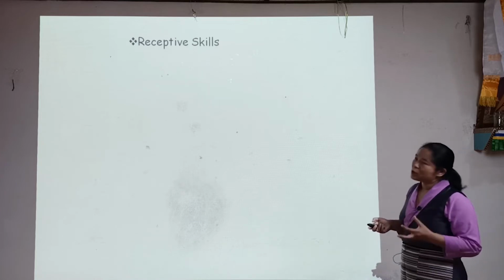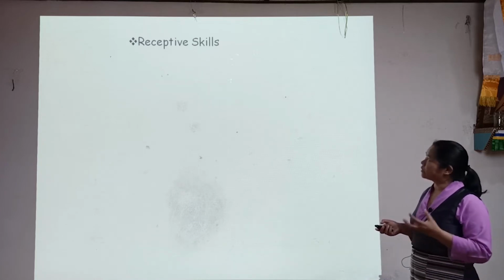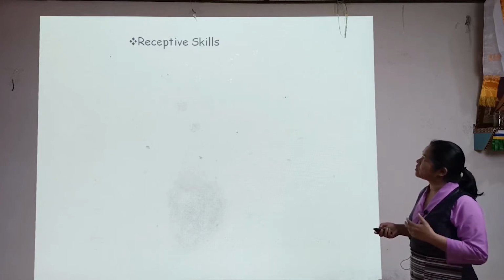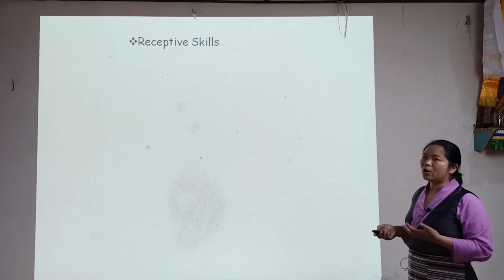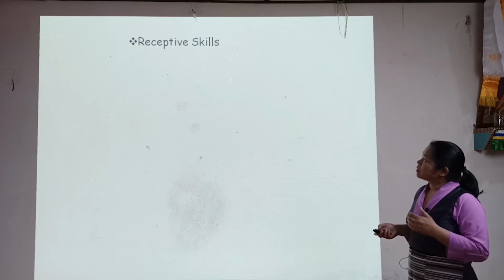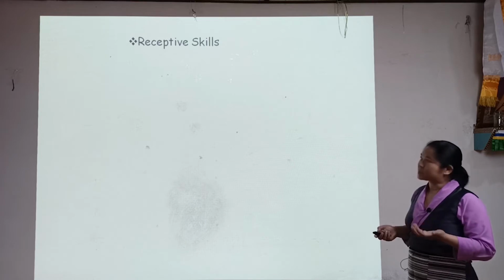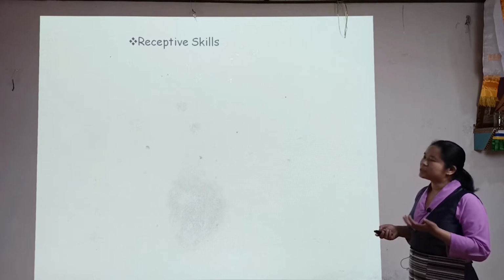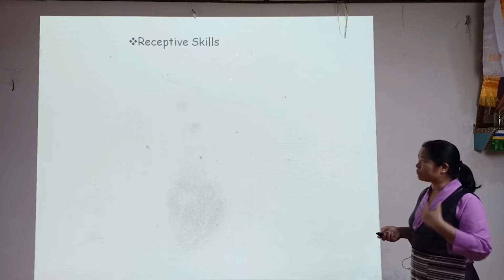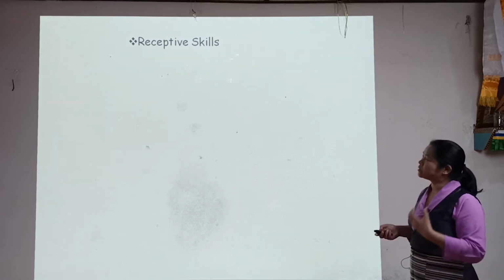These four skills of a language or English are further grouped into two. The first group is called receptive skills or input skills. The word itself explains that these are the skills through which we try to collect information, gather information. Now, what are these two skills?